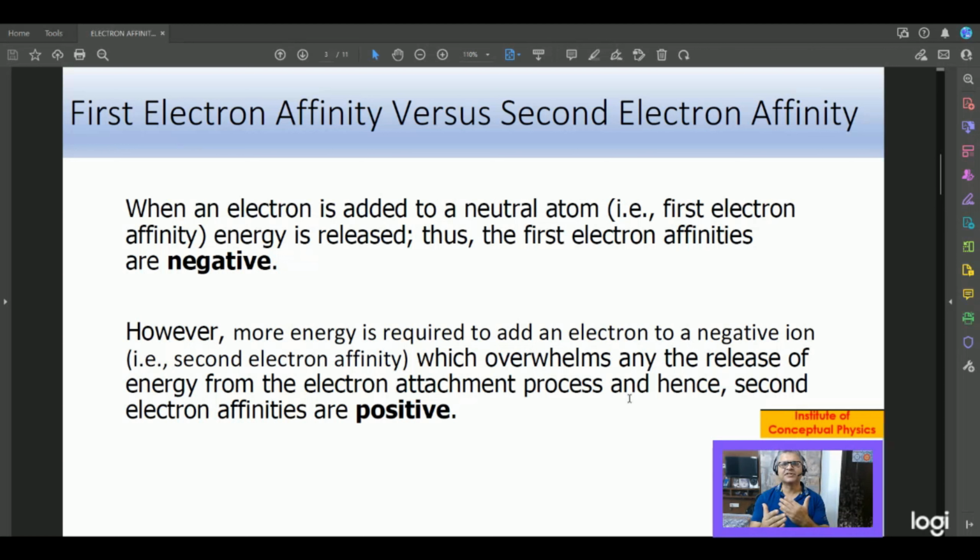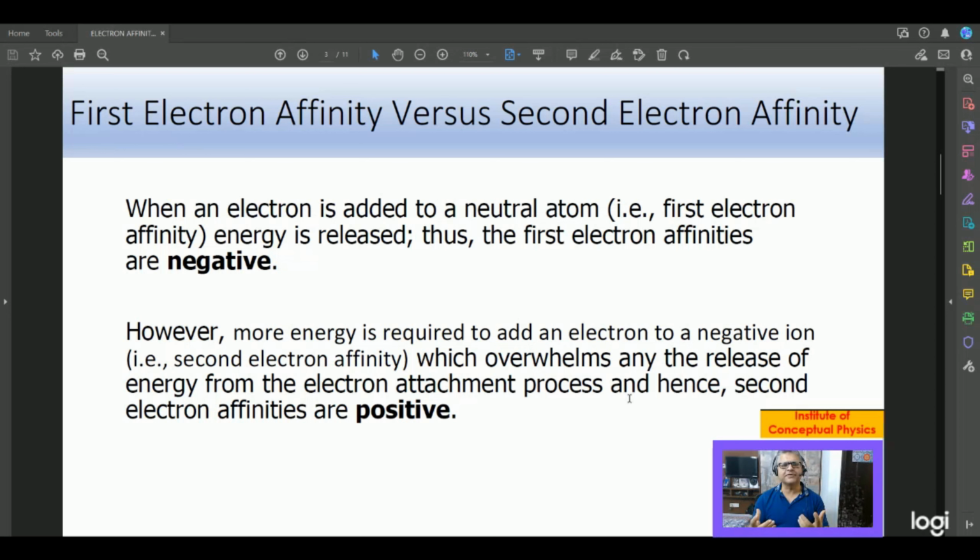Does it result in an exothermic reaction, which means the atoms in the gaseous state that gain the electron lose energy, or do they gain energy and it results in an endothermic reaction? We will have to study this in the upcoming slide, and you will be in for a surprise.